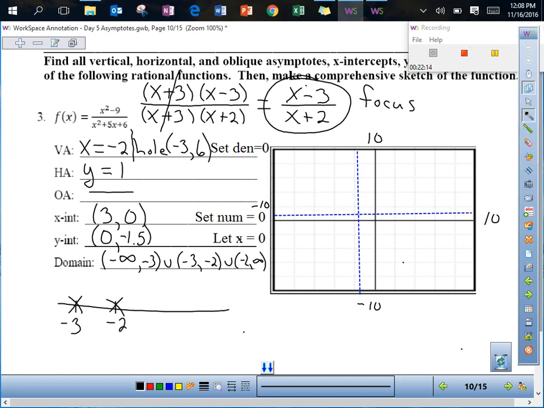So let me come back. Remember, x equals negative 2 and y equals 1. Now let's plug in our other things. I have a hole at negative 3, 6, so negative 2, negative 2, negative 3, 6, 2, 4, 6. I have a hole in my graph right there.